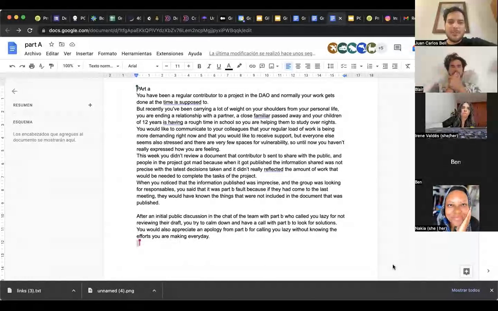And people in the project got mad because when it got published, the information shared was not precise with the latest decisions taken, and it didn't reflect the amount of work that would be needed to complete the task of the project.